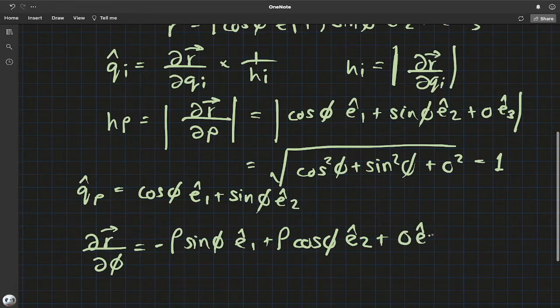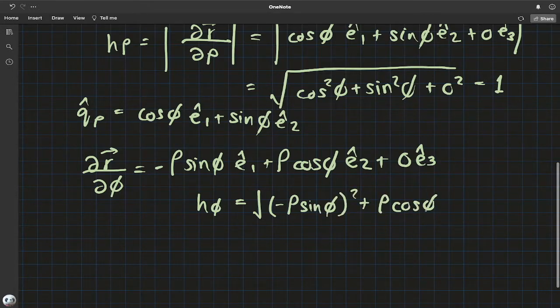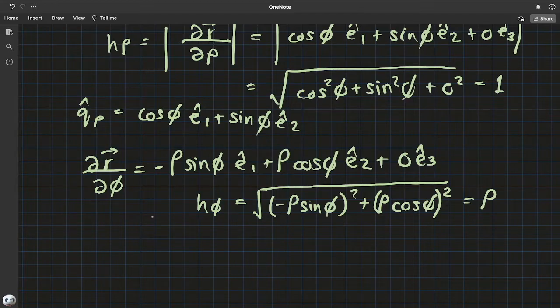For the scaling factor h sub phi, we have just the magnitude of this, so that's going to be square root of negative rho sine phi squared plus rho cosine phi squared plus 0 squared. All of this just turns out to be rho.